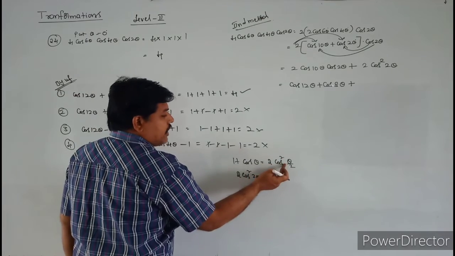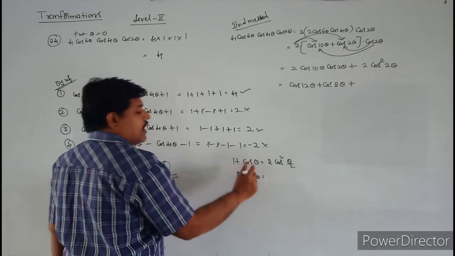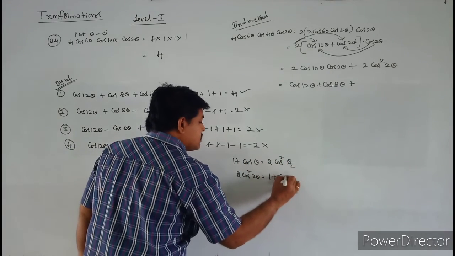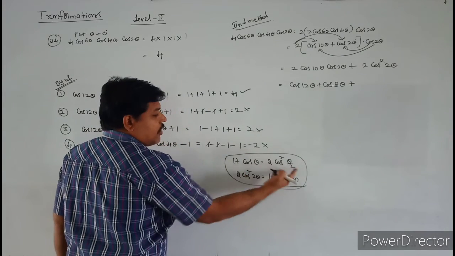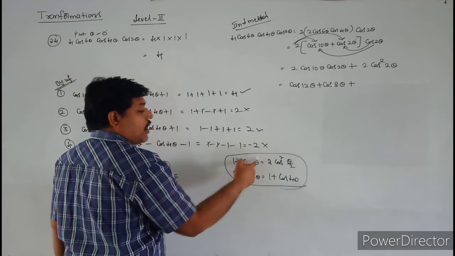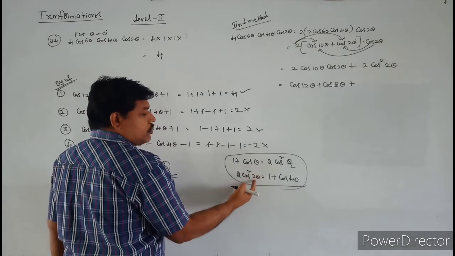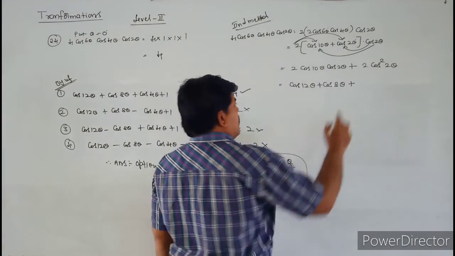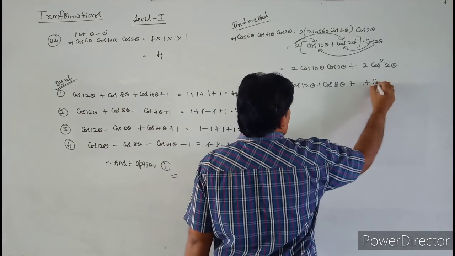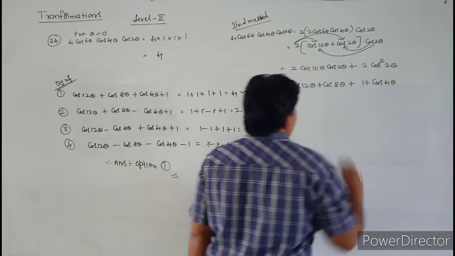If it is 2 theta, it will take the double here. So it will become 1 plus cos 4 theta. Do you understand that? If it is theta, it becomes theta by 2, and here 2 theta will become double, that is 4 theta. So it will become 1 plus cos 4 theta.